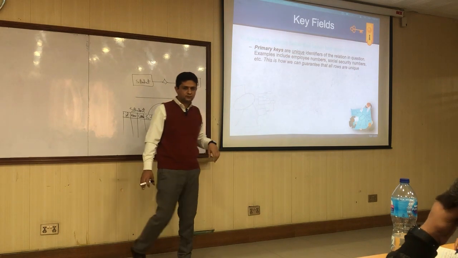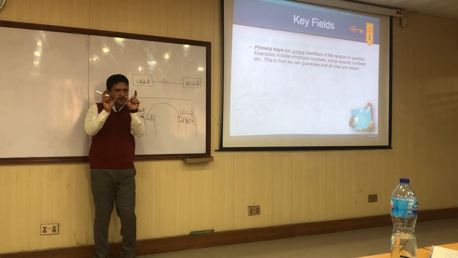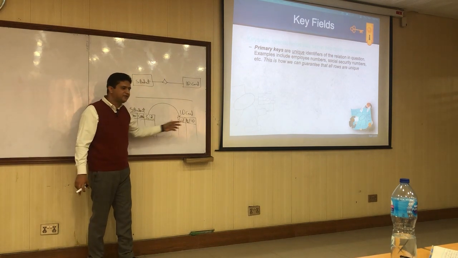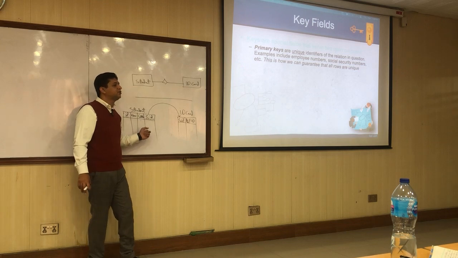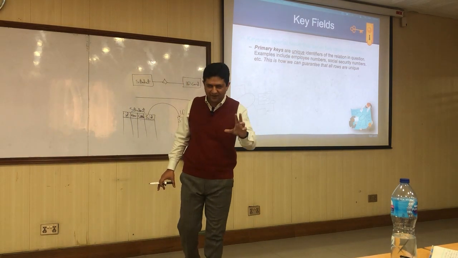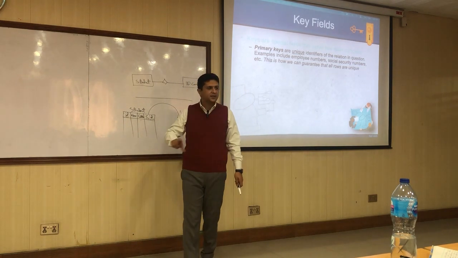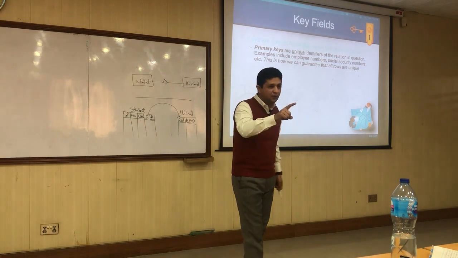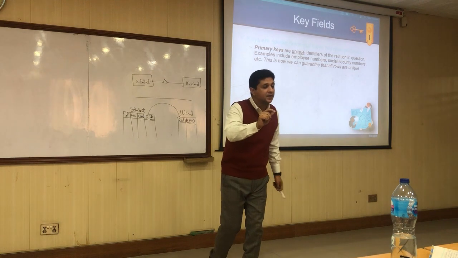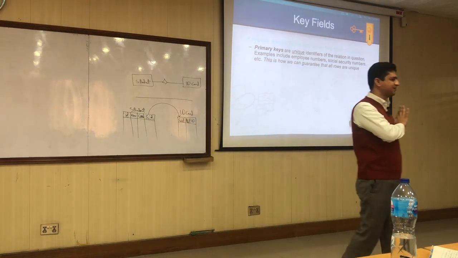Number two, the common values. If there is a value in the foreign key which has a match with a value in the primary key, that would mean that these two instances have that relationship instance.